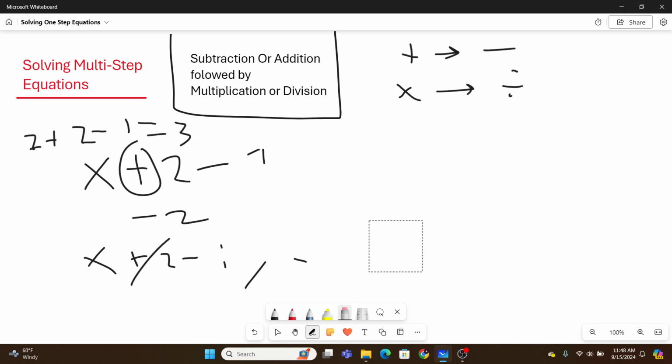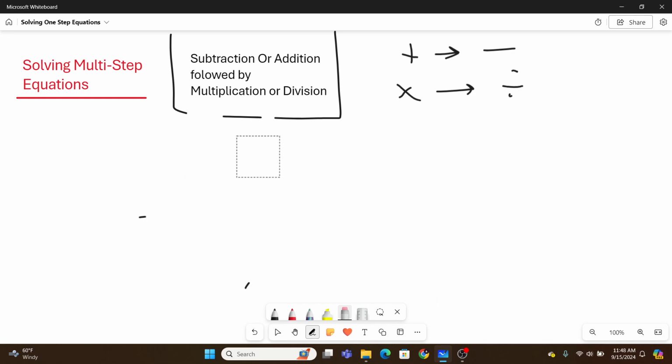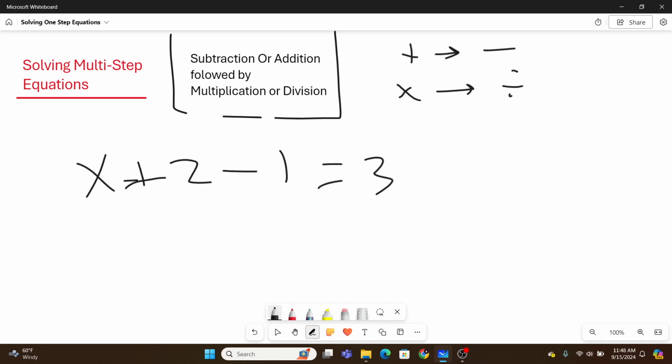So now that we have that out of the way, let's go to the second solution, which is also known as combining like terms. So to combine like terms, let's write this down again. To combine like terms, we need to first figure out what is a like term. A like term is something that has the same type.